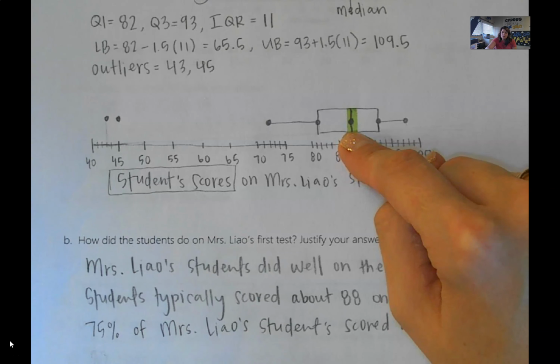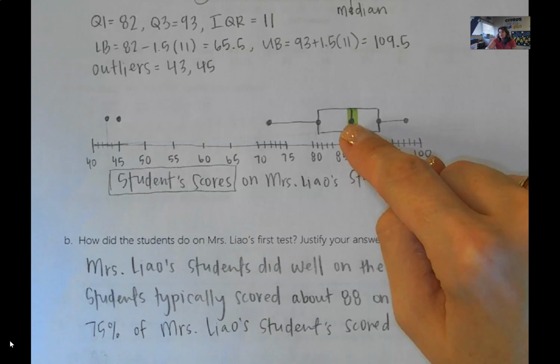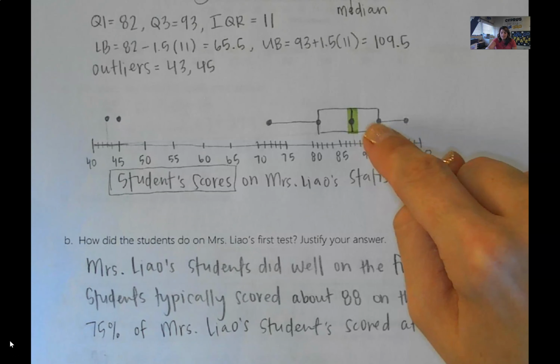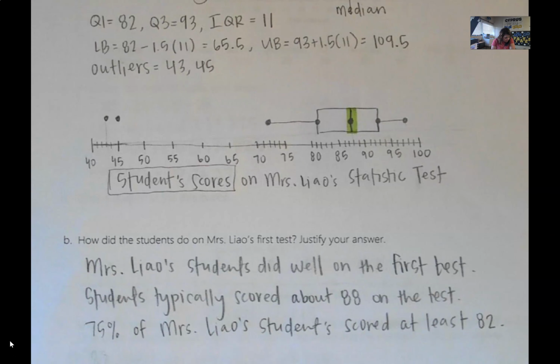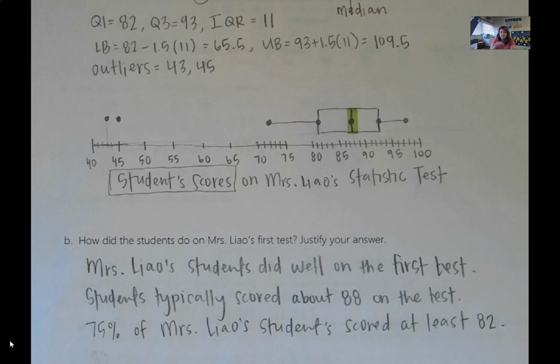So that means on average, students scored around 88 on Miss Lau's test. So I know that the average is going to be close to 88 because the median is 88 and this is symmetric. So my response is Miss Lau's students did well on the first test.